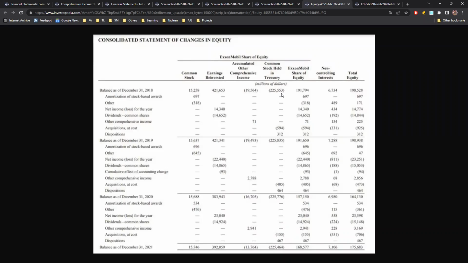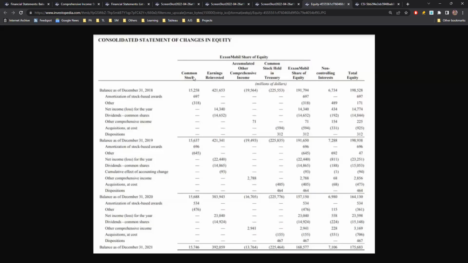If they see that, then they might purchase. There can be many other reasons, but typically this is one of the reasons that I know. They try to limit the amount of stock that the market has to trade between themselves, so they try to repurchase it.